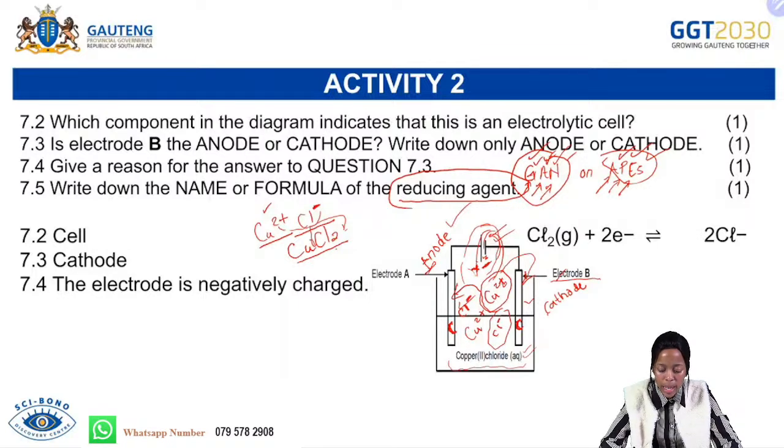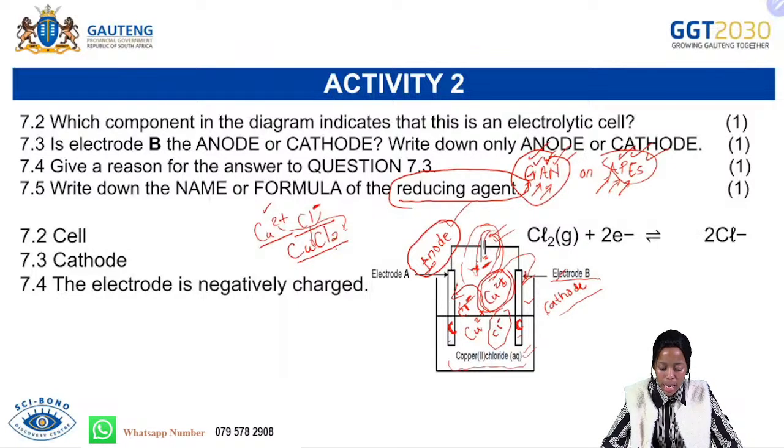So from there, if the chlorine is migrating to the anode, it therefore means that the chlorine will undergo oxidation. Okay, and then if the Cu2 plus is migrating to the cathode, it therefore means that the copper will undergo reduction. But then again, this will depend on the electrodes that are given.